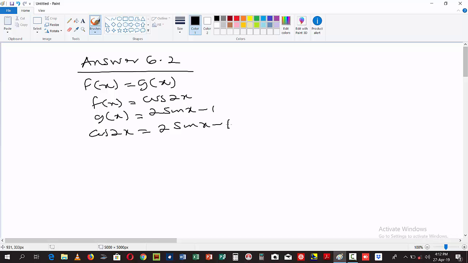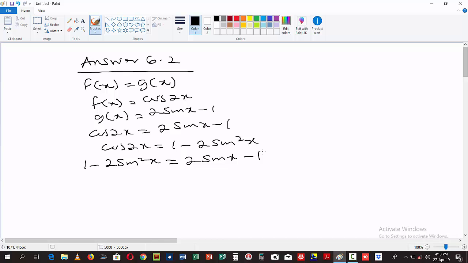We have to change this cos 2x to a sine identity, which is cos 2x is equal to 1 minus 2 sine square x. We have 1 minus 2 sine square x must be equal to 2 sine x minus 1.